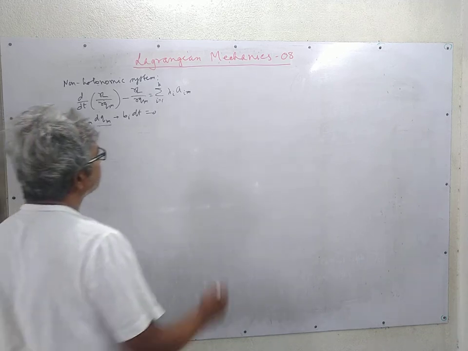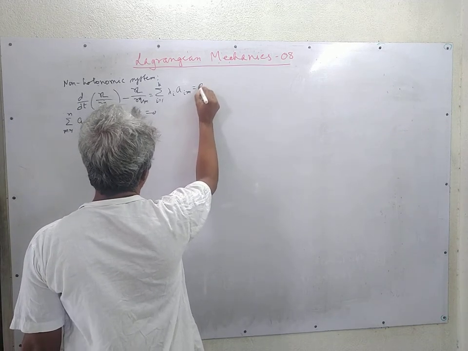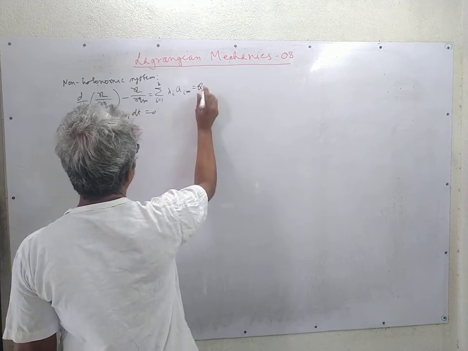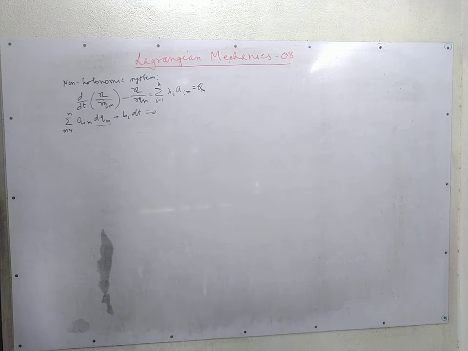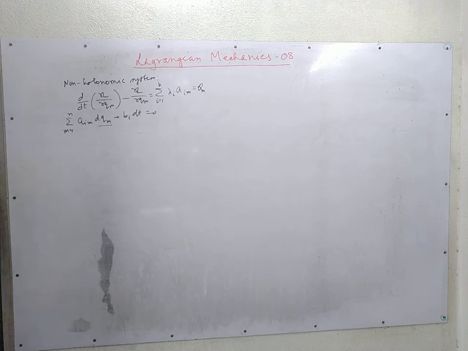And we also identified this as the force of constraint related to the degree of freedom. We applied the theory to a few problems, specifically to a simple pendulum, and then to a cylinder rolling down an inclined plane.